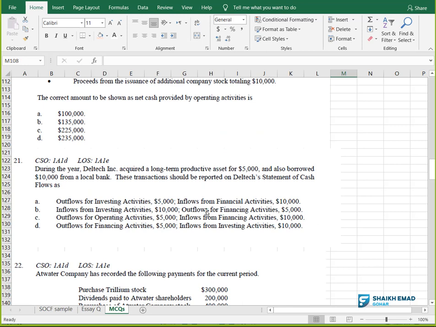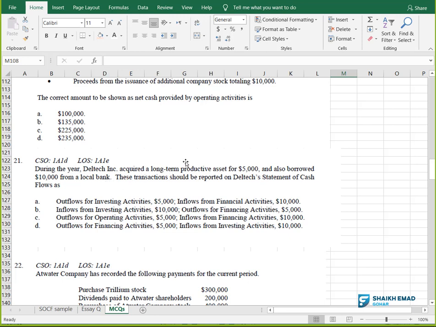Question 21. They say these transactions should be reported on the statement of cash flows as what? During the year, the company acquired a long-term productive asset for 5,000 and also borrowed 10,000 from a local bank. So you acquired an asset for 5,000 and you borrowed 10,000 from a bank.